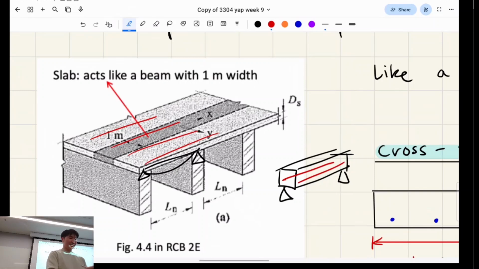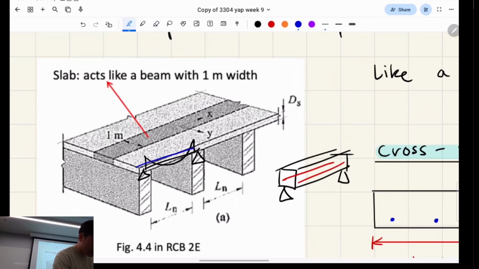So in slab design, sorry, I think you missed the first minute or so. We're just doing tensile design. We only need to put in tensile rebar. Well, I don't want to say only. In this course, we focus on the tensile rebar for slab design, so this isn't for compressive rebar. The bending moment diagram might look something like this, and we put the tensile rebar around here for this slab.